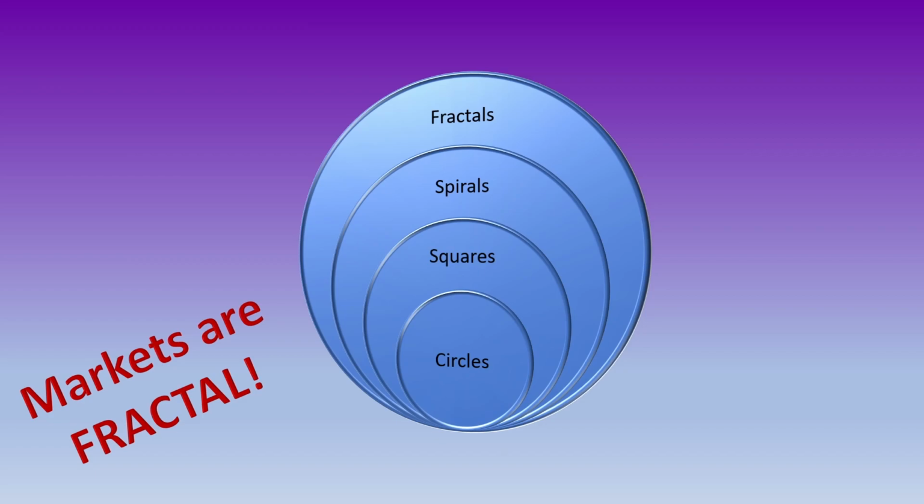Markets are fractal. So all markets, and technically all of nature, operate in that outer circle. They're fractals. The next level down is spirals. What's spiraling? You'll see that in just a few moments. And then there's squares, which we've touched on, and then there's circles.